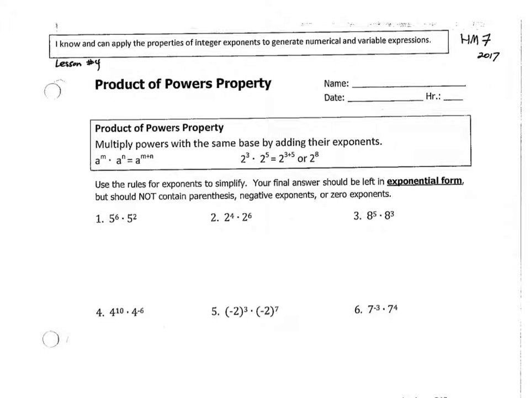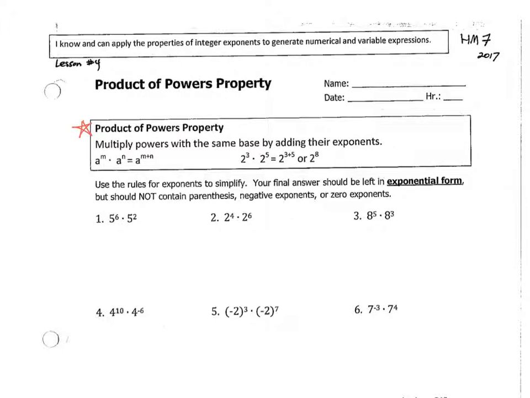Today we're starting with what do we do when we have the same base with different exponents that are being multiplied together. So you can see we've got a general rule here, and it says we can multiply powers with the same base by adding their exponents.